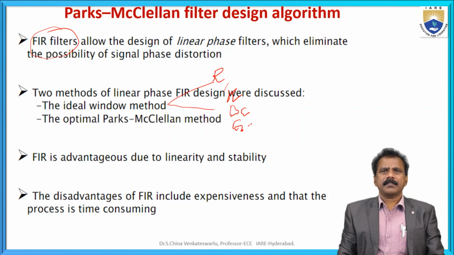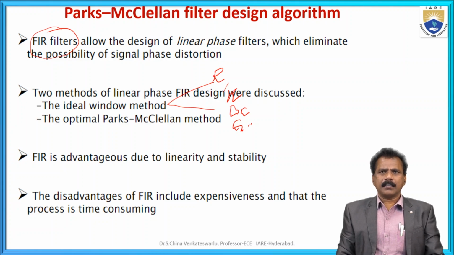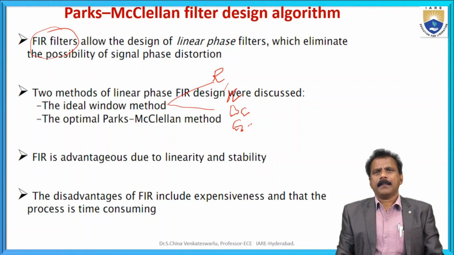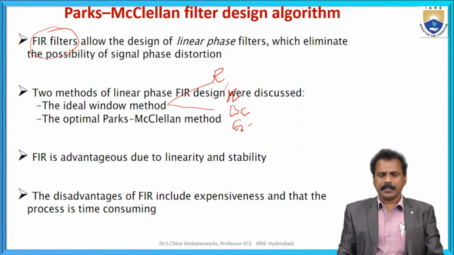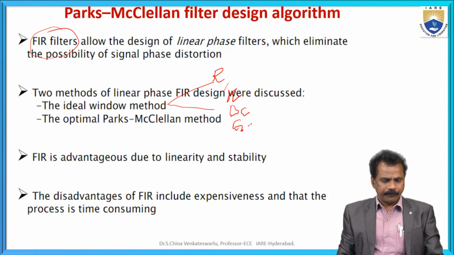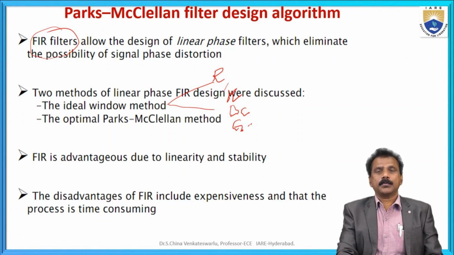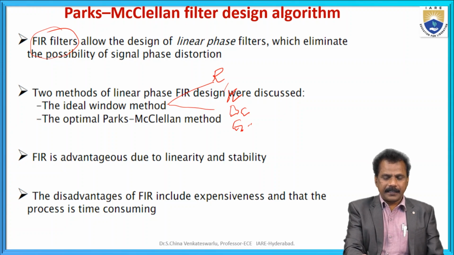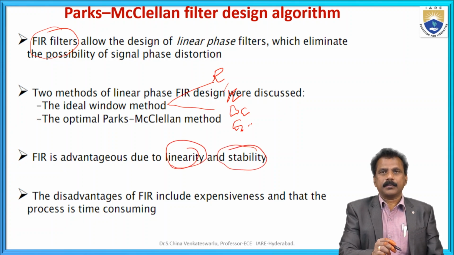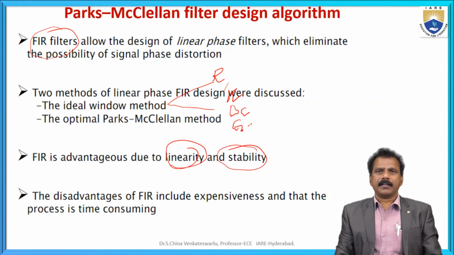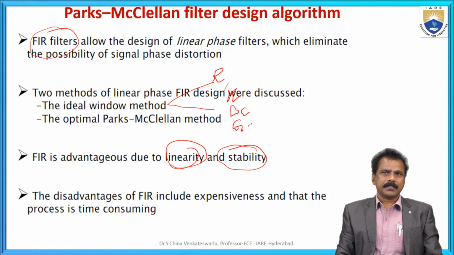Finally, what is the outcome of this window? You will observe that there are discontinuities. The optimal Parks-McClellan method, you will see this in the series. Finite impulse response is advantageous due to linearity and stability. That's why we always use FIR when compared to the IIR, infinite impulse response filter.